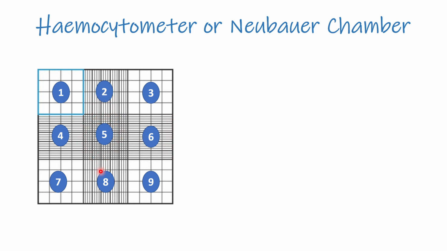But the one in the middle, big cell number 5, has 25 small cells, okay? Because we have 5 cells here and 5 cells here, right? Now, if you look here, each of the smaller cells has 16 mini cells.